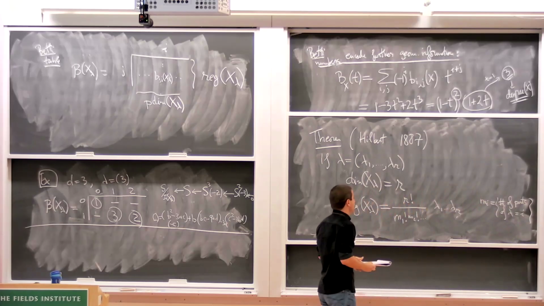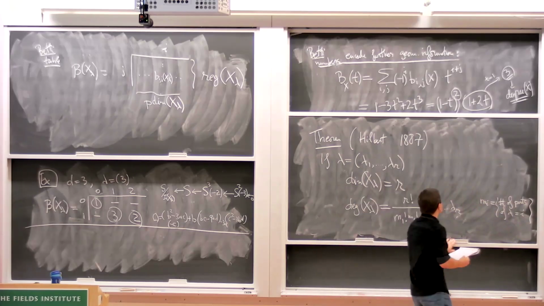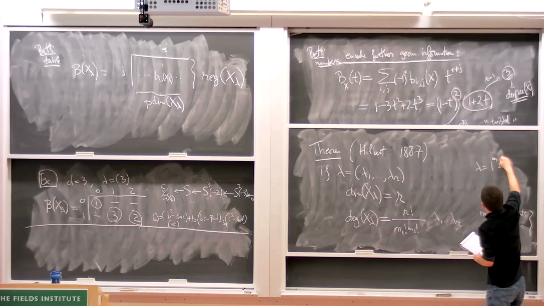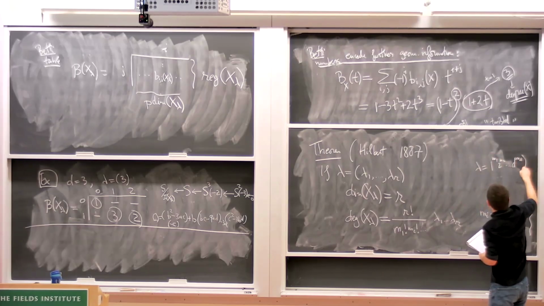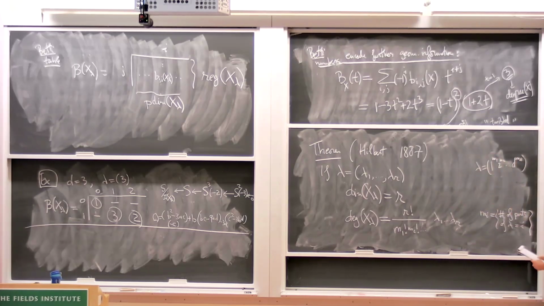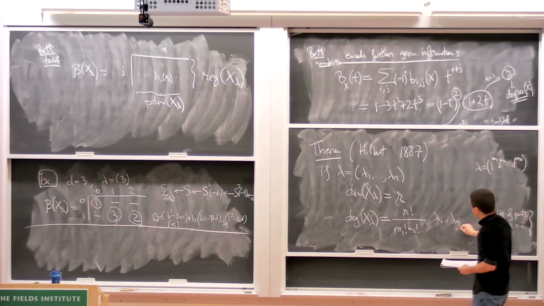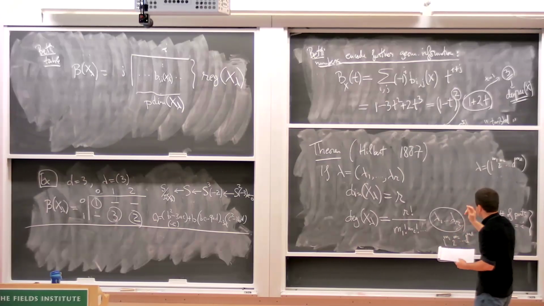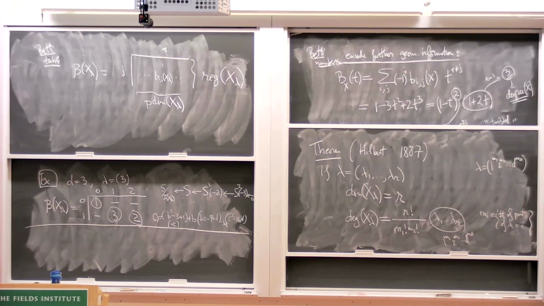For this purpose, it would have been better to express lambda as 1 to the m1, 2 to the m2, up to d to the md, by keeping track of how many 1s, how many 2s, how many d's there are. But anyways, there's a very explicit formula.